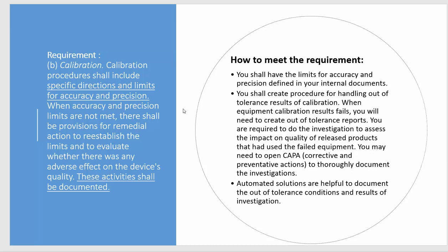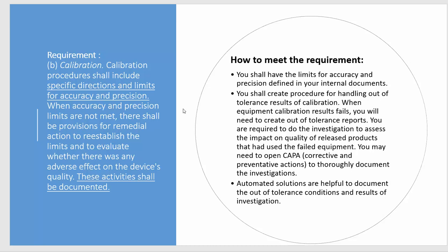What this section refers to is when calibration results are found to be out of tolerance, outside your spec limits for accuracy and precision. In those cases, you shall create a procedure for handling out of tolerance results for calibrations. When equipment calibration results fail, you need to create out of tolerance reports.